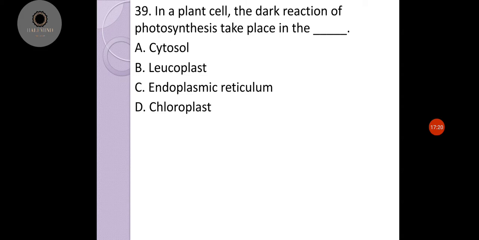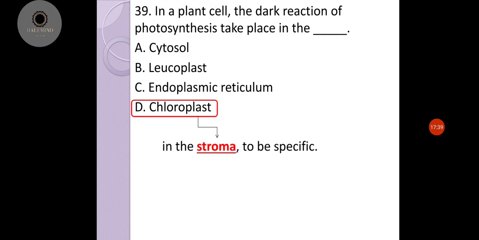39. In a plant cell, the dark reaction of photosynthesis takes place in the blank. So, where here? Basically, photosynthesis happens in the chloroplast. To be specific, the dark reaction stage of photosynthesis is in the stroma. Okay, again, photosynthesis happens in the chloroplast of the plant cell.